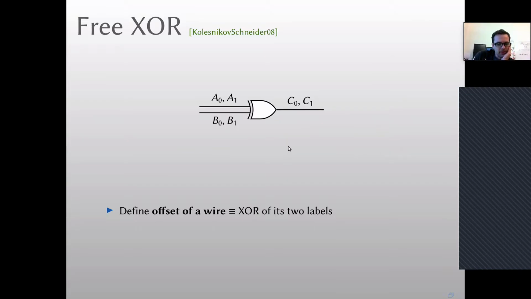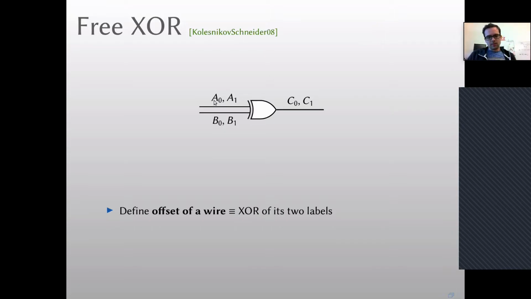Another nice trick, maybe the most famous optimization to garbled circuits, is due to Vlad Kolesnikov and Thomas Schneider. And it's an optimization for XOR gates. I'll try to motivate XOR gates by thinking about these wire labels in a different way.